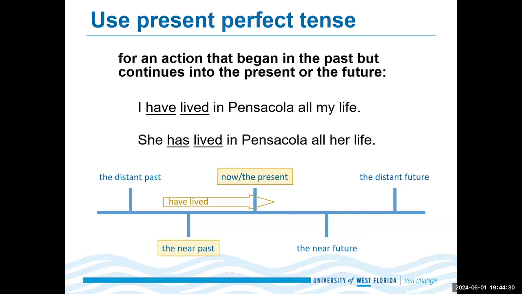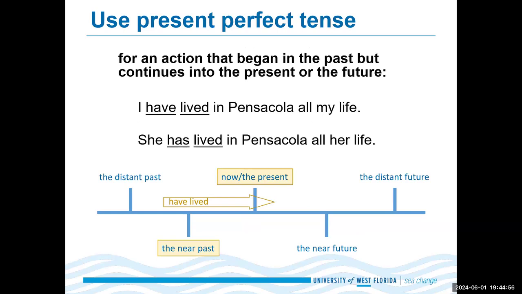Okay. We also use present perfect tense for an action that began in the past but continues into the present or the future. I have lived in Pensacola all my life. She has lived in Pensacola all her life.